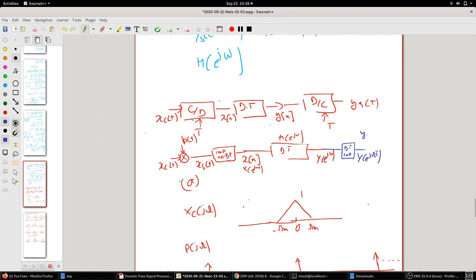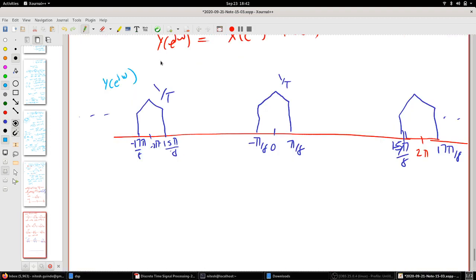This is ys of t. Okay, and then you pass it through a reconstruction filter with a cutoff of pi by t, and you get your output, which is yr of t. Okay, so we have seen till y of e raised to j omega.